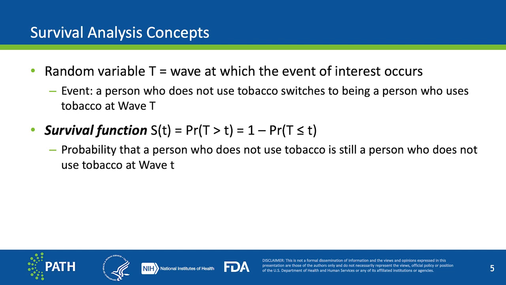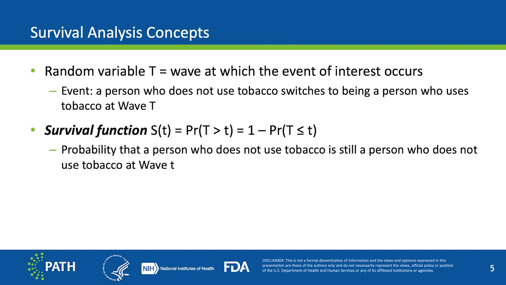Let's begin at a high level with the basic concepts. When conducting a survival analysis, the random variable in such an analysis is capital T. That's the wave at which the event of interest occurs. In this case, the event that we're looking at is, for a given person who does not use tobacco, when do they switch to become a person who uses tobacco?